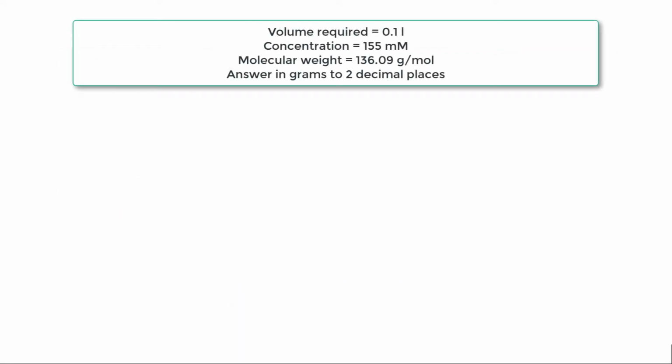Now, to answer this type of question, there are 2 approaches that you can take. You can take a walk-through approach where you reason to the answer, or you can use an approach where you use an equation or 2. So effectively what we're dealing with here is a 0.1 litre solution, and in that solution the concentration of potassium phosphate is 155 millimolar.